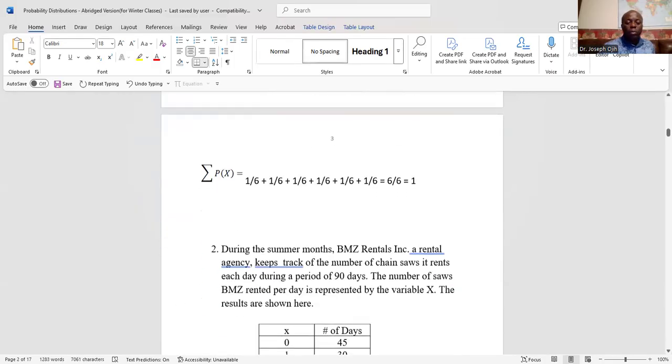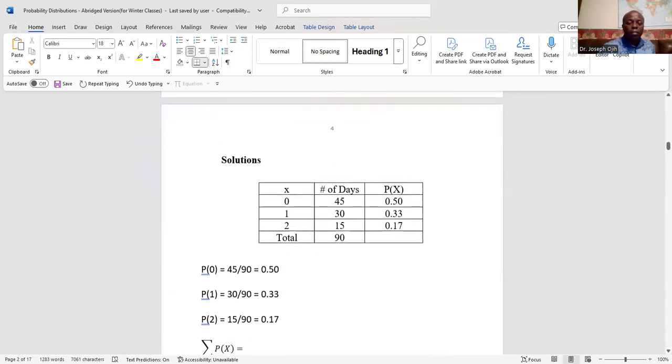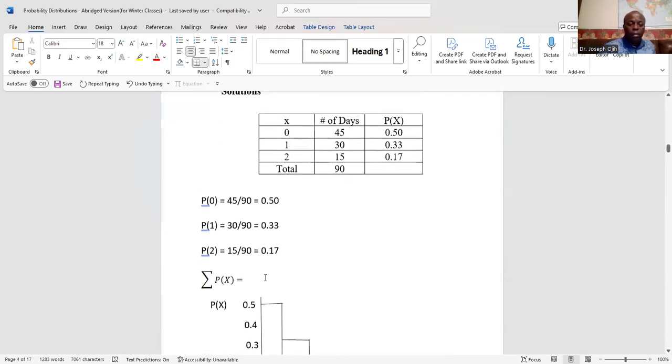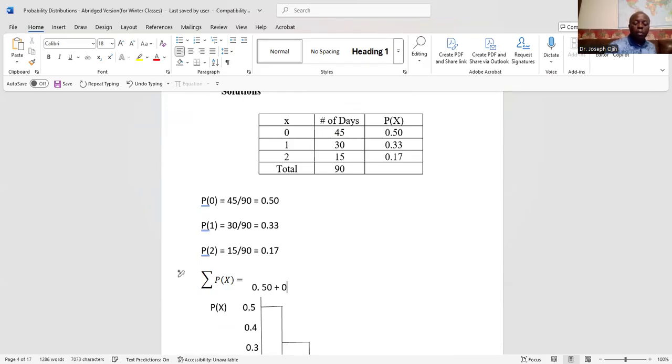And if you look at the second one we did, if you add all the probabilities here, the sum of P(x) will be 0.50 plus 0.33 plus 0.17.